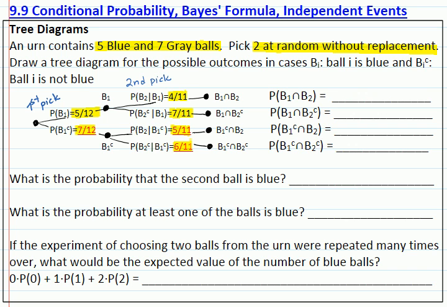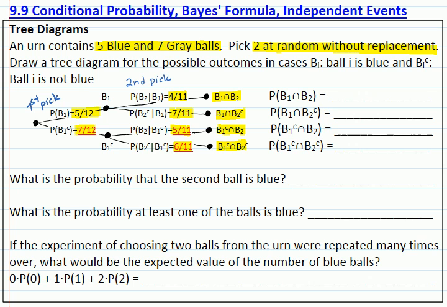And the outcomes we get, if we multiply those probabilities, will be ball 1 blue and 2 blue, ball 1 blue and 2 not blue, ball 1 not blue and 2 blue, or ball 1 not blue and ball 2 not blue.